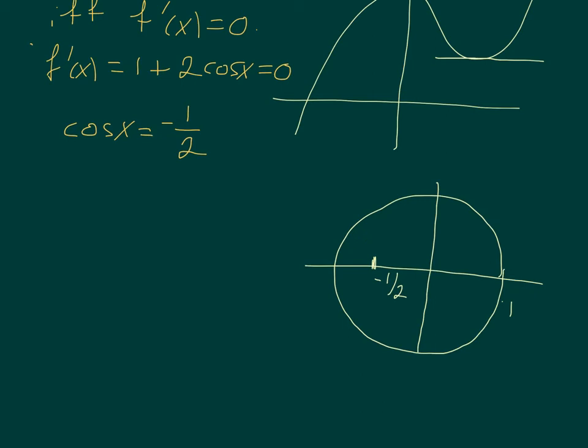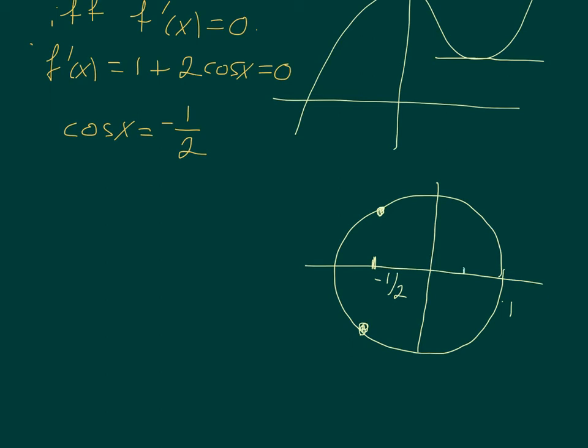Okay, so we're looking for those points on the unit circle where the x-coordinate is minus 1/2. In other words, we're looking for this point here, and we're also looking for this point right here. At these 2 points on the unit circle, the x-coordinate is going to be minus 1/2.